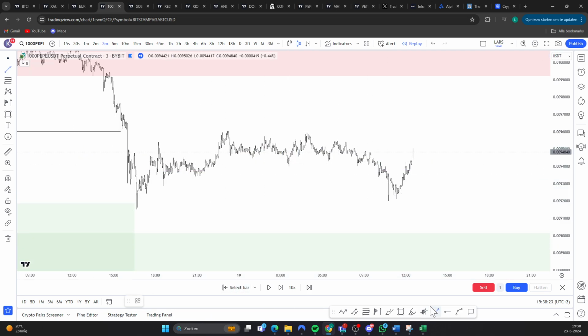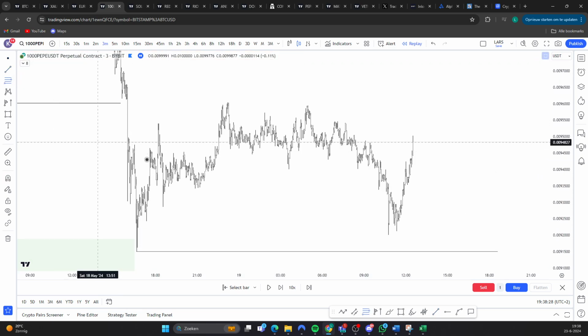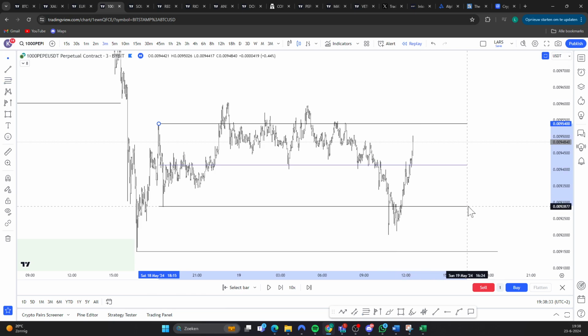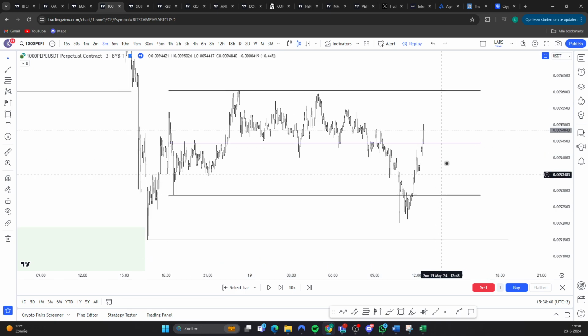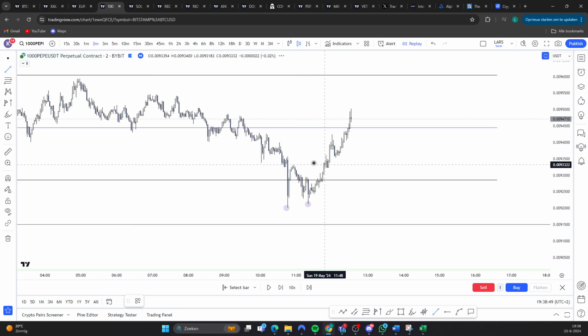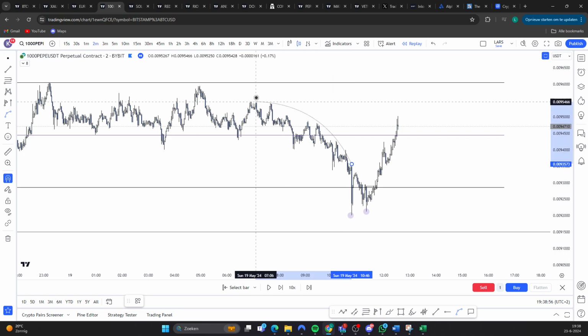The problem with that, what I was noticing, is if you use that range, you don't have a confirmation. But if you keep using this range, you can say 1, 2, 3, and you can actually enter on this break, having this return to zone.